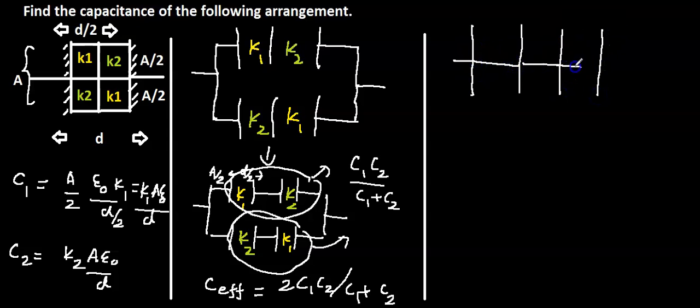Now I have those four dielectrics, K1 here, right? So now I've assumed that this part is in series with this part, correct? And that seems reasonable. Now we can break this down further into four capacitors like we did previously. So these two are in parallel now.